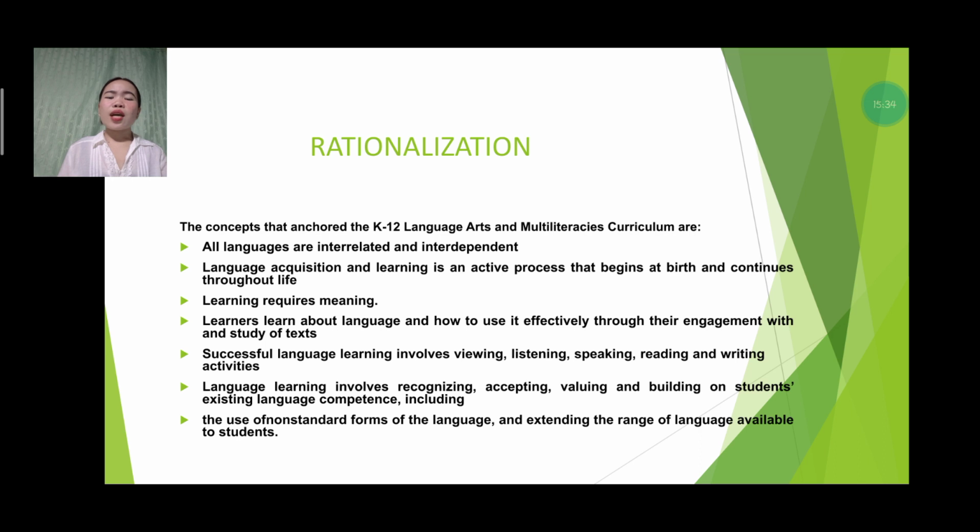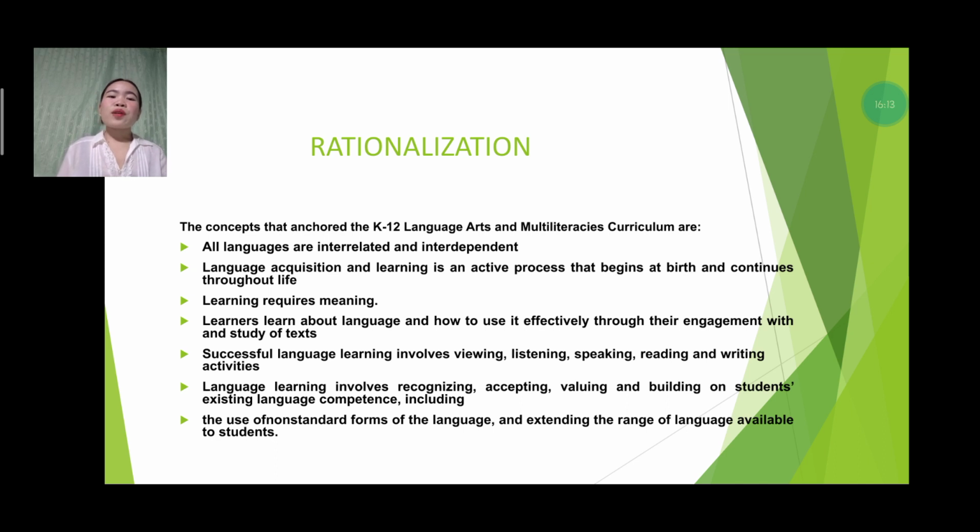For the rationalization, the concepts that anchor the K-12 language, arts, and multiliteracy curriculum are the following. So, first, all languages are interrelated and interdependent. Second, language acquisition and learning is an active process that begins at birth and continues throughout life. Third, learning requires meaning. Fourth, learners can learn about language and how to use it effectively through their engagement with and study of texts.